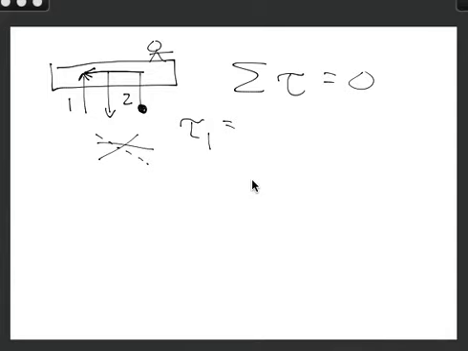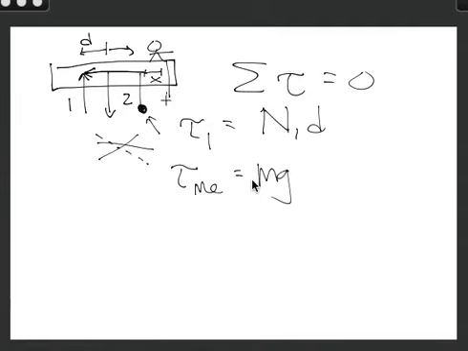Okay, so the torque then due to force 1 is normal 1, and if we say the distance, say, from the center to each leg is d, then that means that it's n1 times d. The torque due to the person, say me, let's say now there's an additional distance x, and so my distance from the point of rotation, this one's still here, is going to be equal to my mass, mg, my force downward, times its moment arm, which is x.